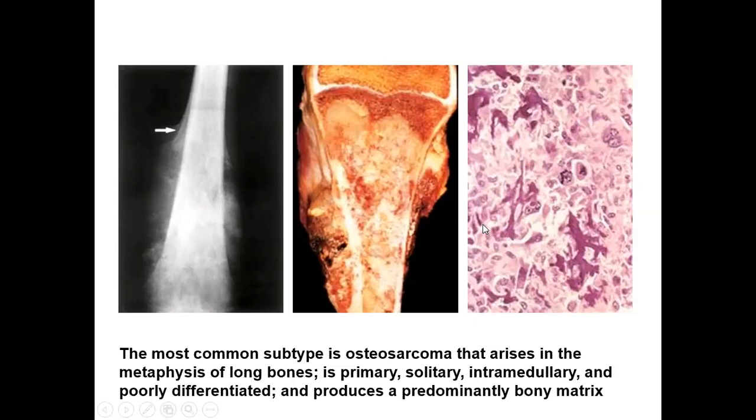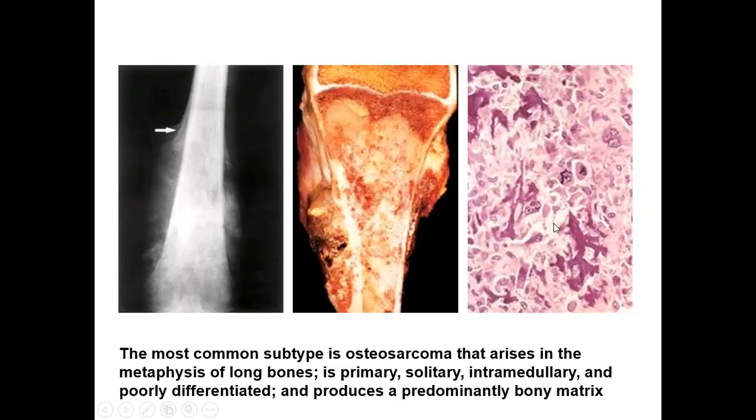Under the microscope, there is osteoid production, mature woven bone between the cells, and then the cellular component, depending on the grade of differentiation. There are ovoid cells with pleomorphic nuclei and abnormal mitosis.